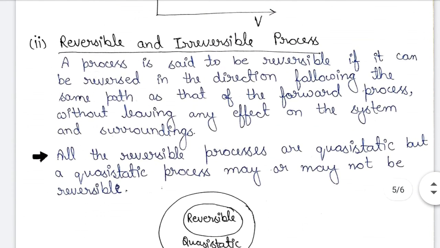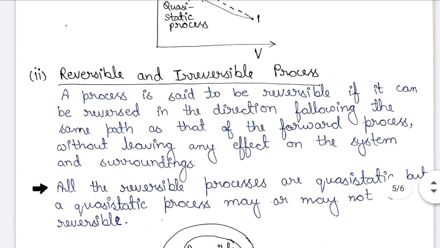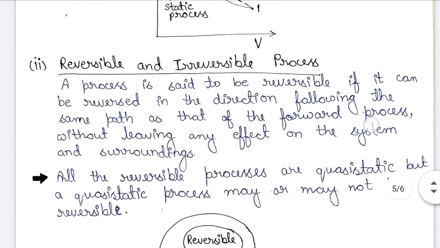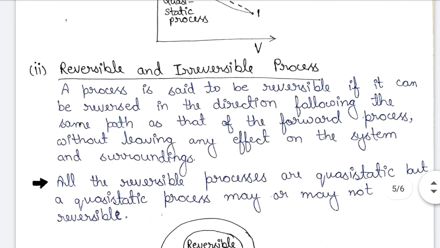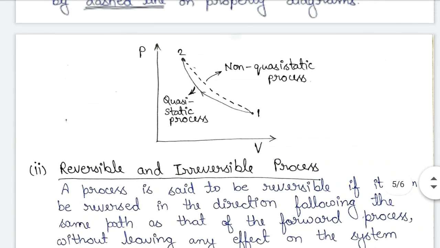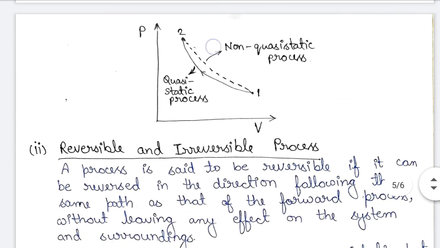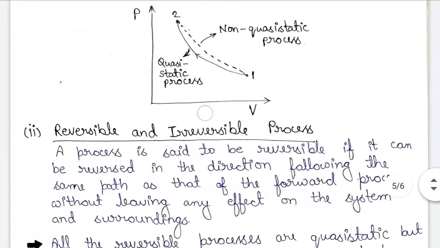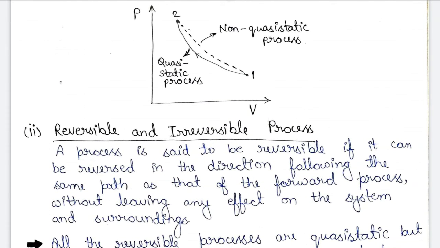Now, reversible and irreversible processes. A process is said to be reversible if it can be reversed in the direction following the same path as that of the forward process without leaving any effect on the system and surroundings. So if this process 1 to 2 can follow the same path back, then it will be called a reversible process, otherwise it will be an irreversible process.